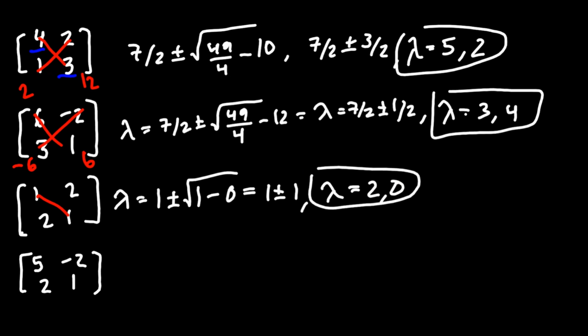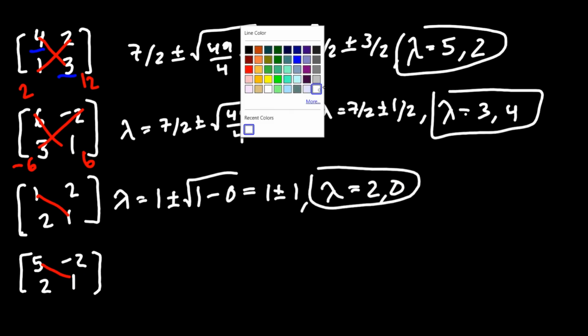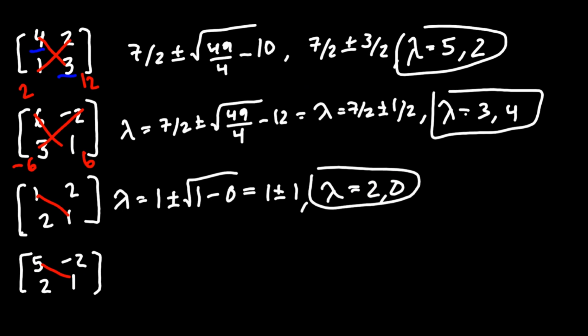Last example, we find the mean between these two. The mean between 1 and 5 is 3, so it works out a little bit better. So our eigenvalues are equal to 3 plus or minus the square root of 3 squared, which is 9, minus our determinant, which is 5 times 1, which is 5, and then subtract -4.